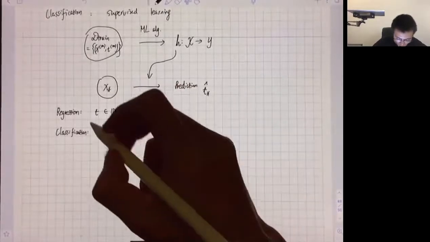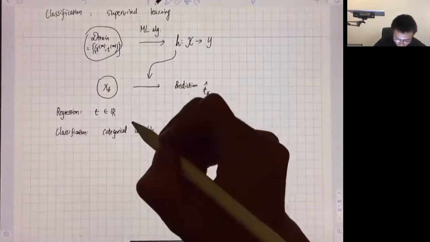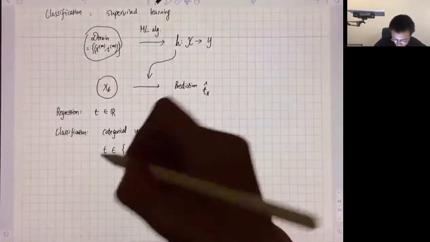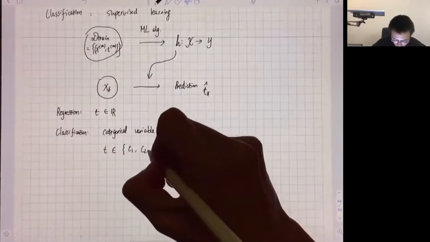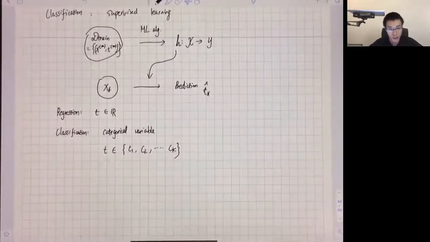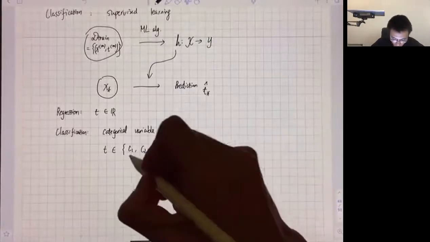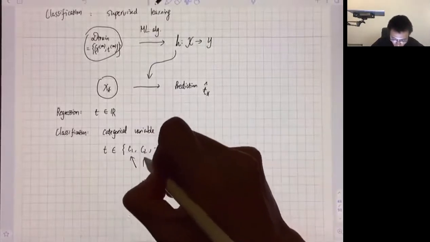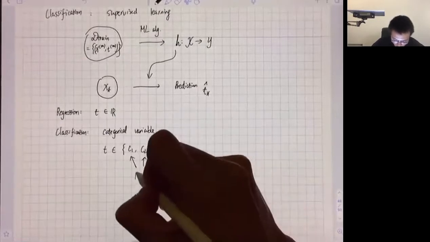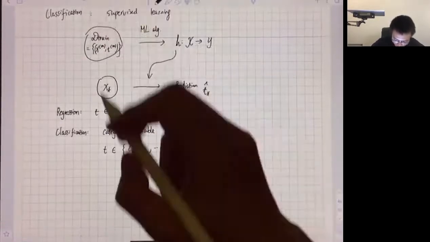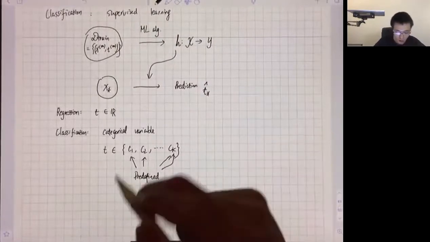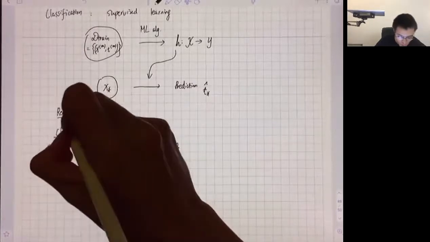For example, T is in the set C1, C2, up to CK. T must be one of them. And these categories, including the number of categories K, are all predefined. So this is the definition of a classification.